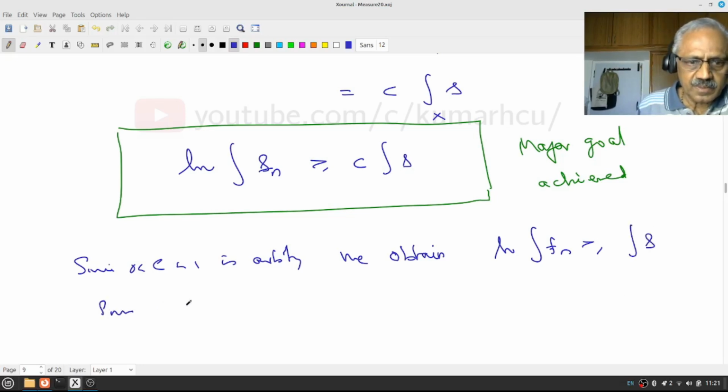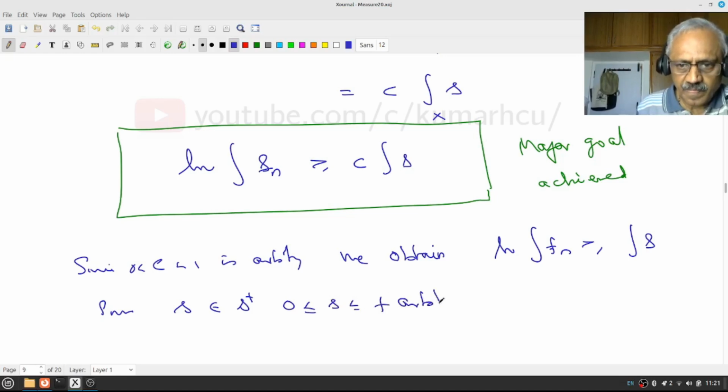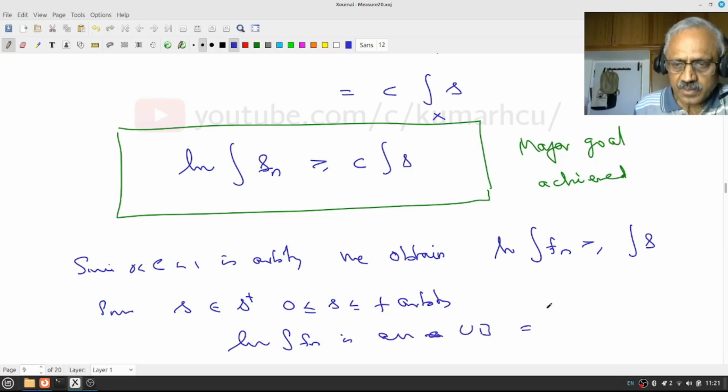And since s is in S plus with 0 less than or equal to s less than or equal to f is arbitrary, this shows that the limit of the integral of fn is an upper bound for this set: the integral of s, where 0 is less than or equal to s less than or equal to f, s in S plus.